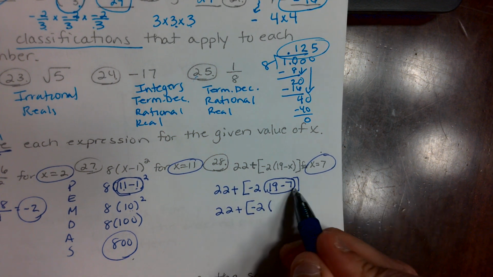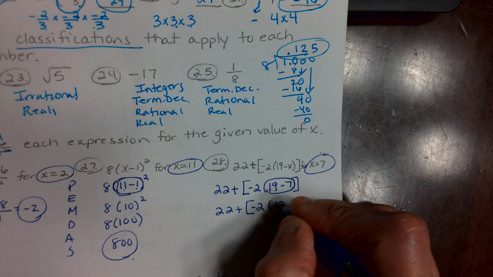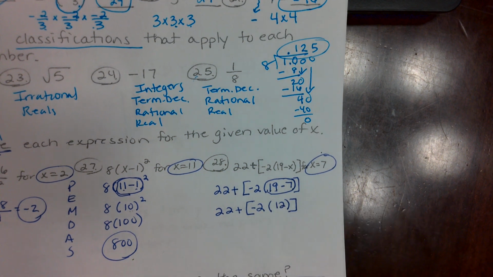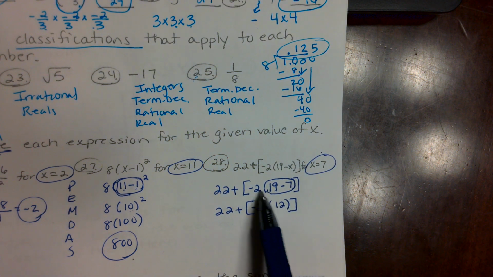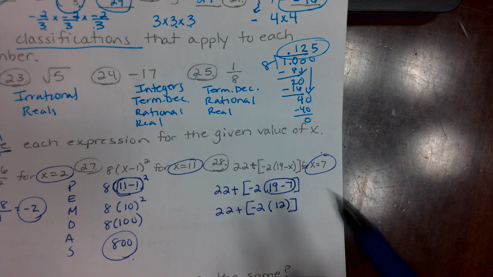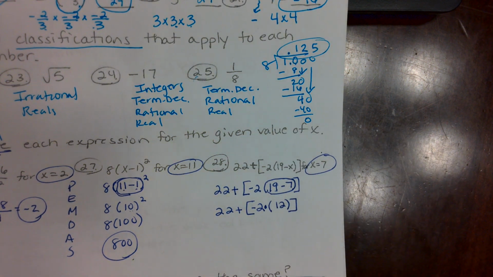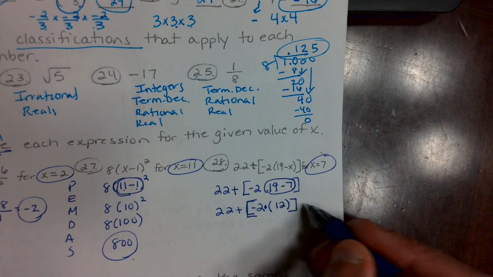And then I'm going to put what the answer is, which is 12, inside the parenthesis. So again, there's nothing more to do in the parenthesis, so I don't have to worry about that parenthesis anymore. But it does separate it from this and reminds me that it is what operation? It's multiplication.